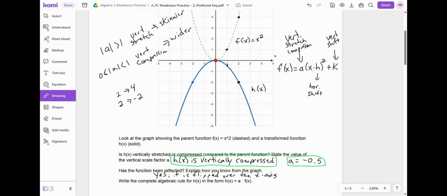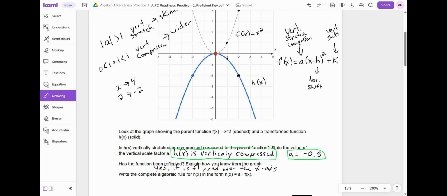We're just vertically compressing it. So we can say h of x equals negative 0.5 times f of x. And that's all we did. We just take your f of x and we multiply it by negative 0.5, and you end up getting your child function of h of x.